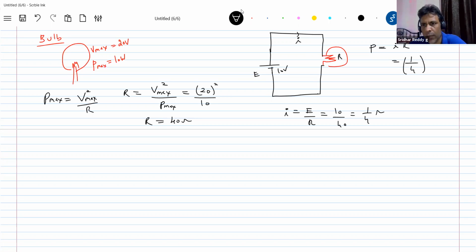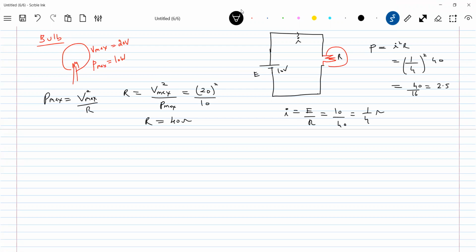This will be 1 by 4 whole square, and the resistance of the bulb is 40. 40 by 16, 10 by 4, 5 by 2, or 2.5 watt.